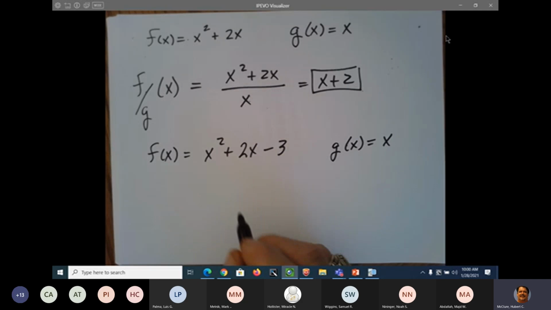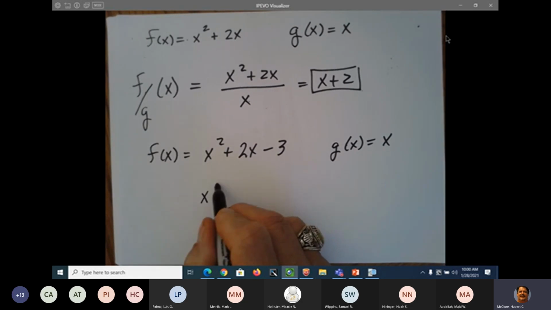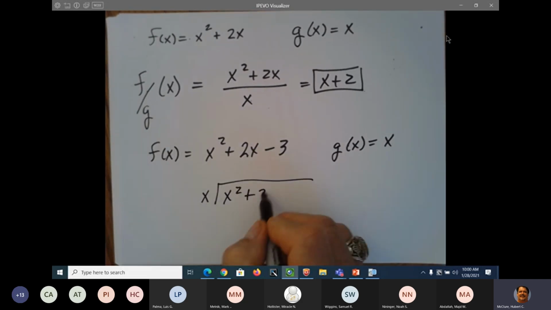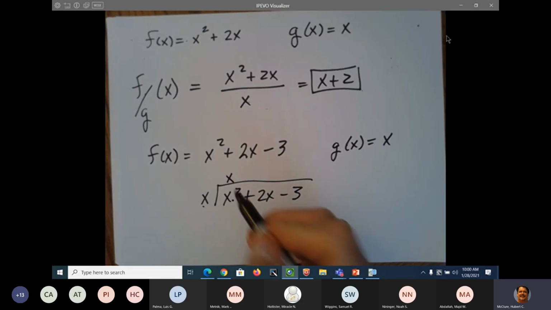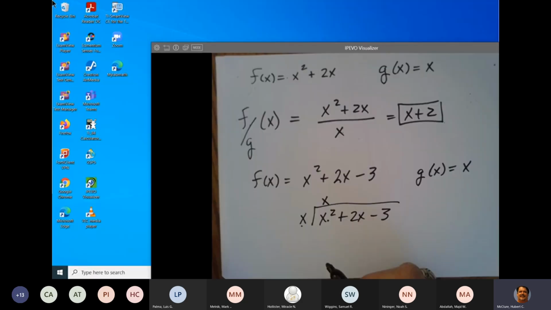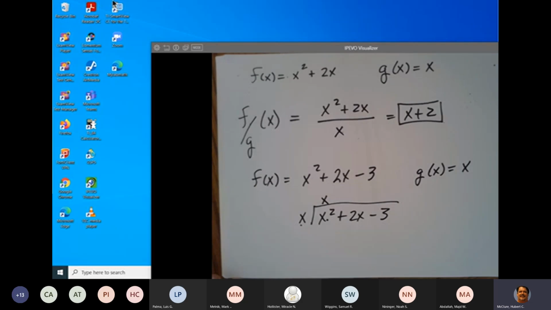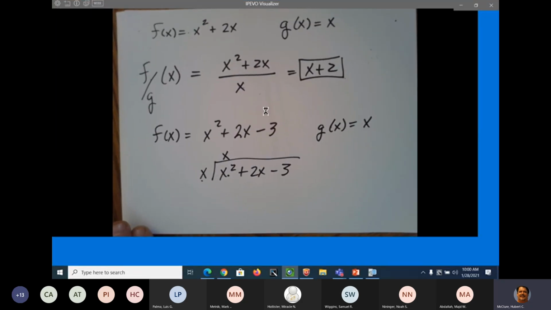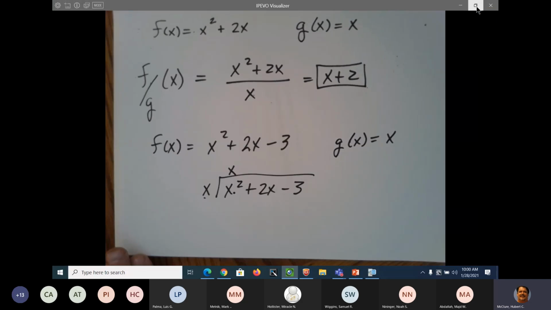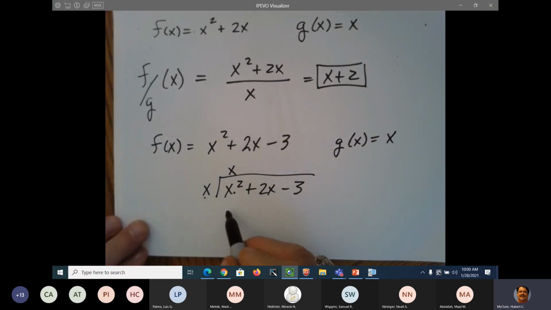Okay, you could do x into x squared plus 2x minus 3, and x will go into x squared. X times x is x squared.